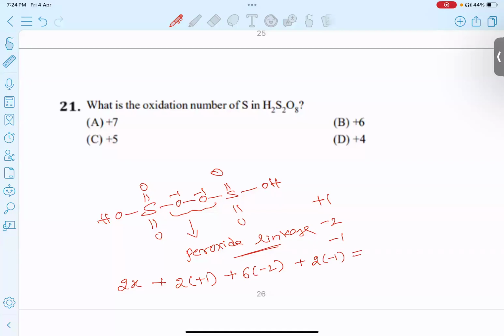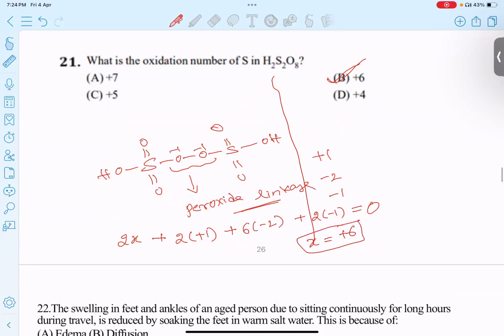The sum of the oxidation numbers of all atoms in a molecule is equal to 0. So the value of x is +6, where x is the oxidation number of sulfur. So option B is correct. First write the structure of the given compound, then calculate the oxidation number of sulfur.